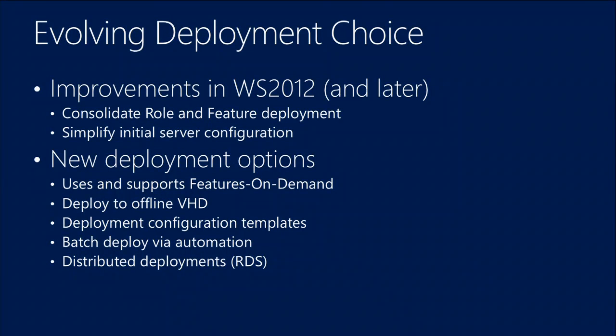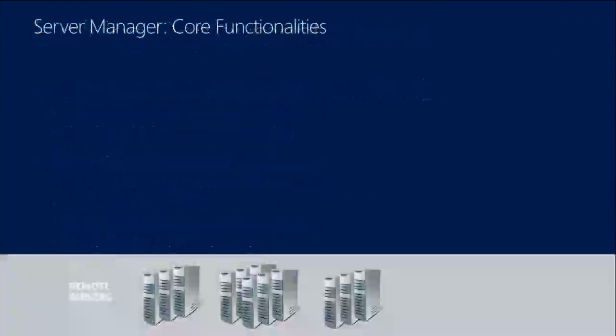And we've also introduced one more thing, which is a new model of deployment for applications or for roles in server that actually span servers. So if this becomes a multi-server environment, RDS is the first role that actually requires multiple servers acting as multiple tiers of the RDS application. And Server Manager can deploy one server acting as one part of the RDS app, another server acting as another part of the app, and deploy the whole RDS solution for you.